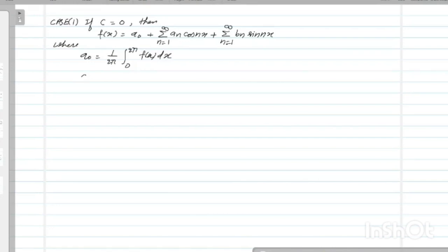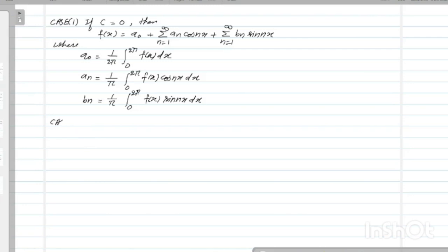Okay, and a n is what? 1 upon pi integration of limit 0 to 2 pi f of x cos nx dx, and bn is what? 1 upon pi integration of limit 0 to 2 pi f of x sin nx dx. Okay, this is for case 1.